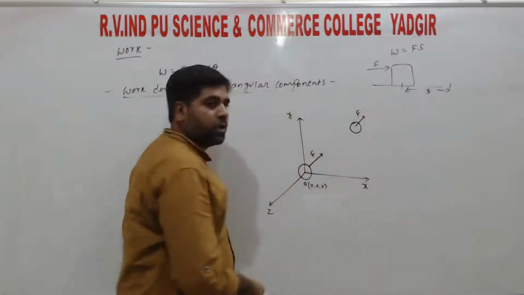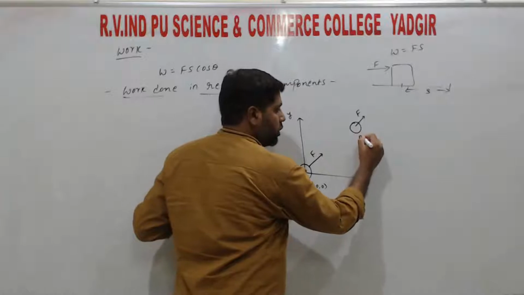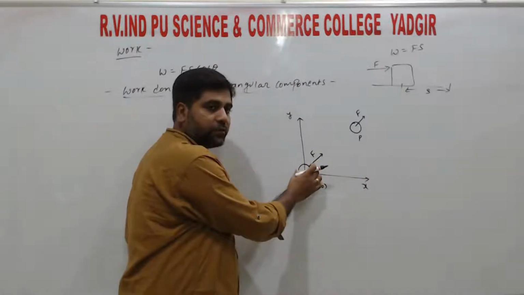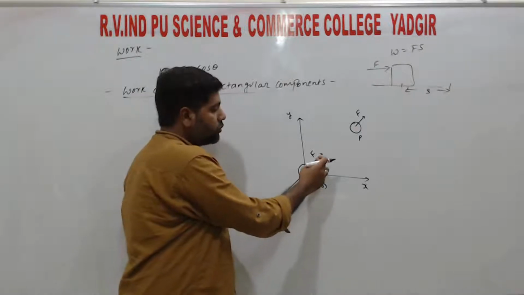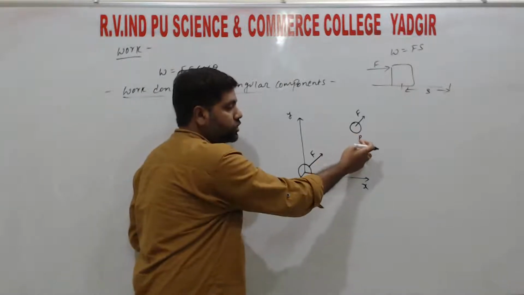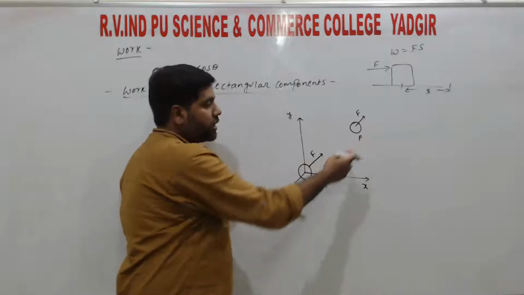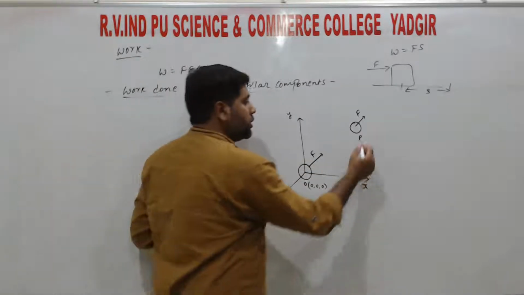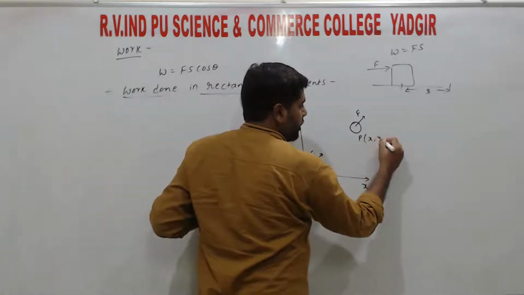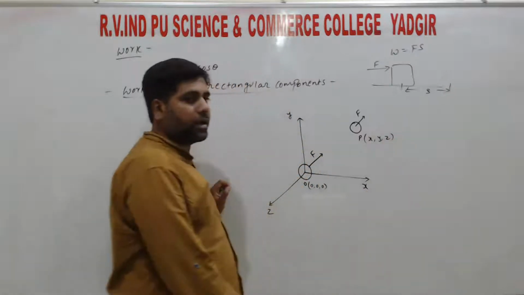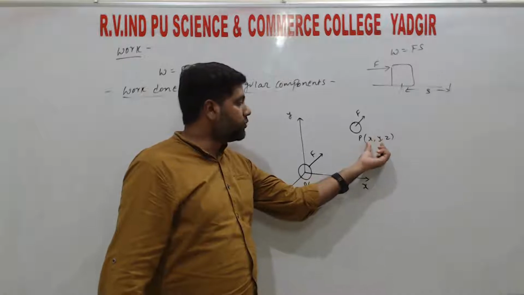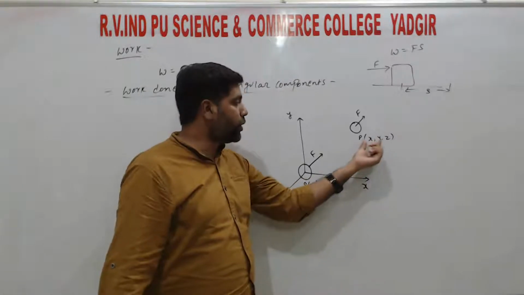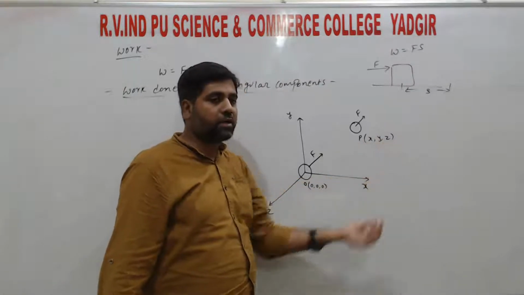Now let P be the position of the object after it displaces from its initial position. The initial position was the origin. When the force is applied, it changes its position to somewhere. We take that point as P, which is x, y, z. Along the x-axis we can take only x, in the xy plane it is x, y, and here in space we are considering x, y, and z.